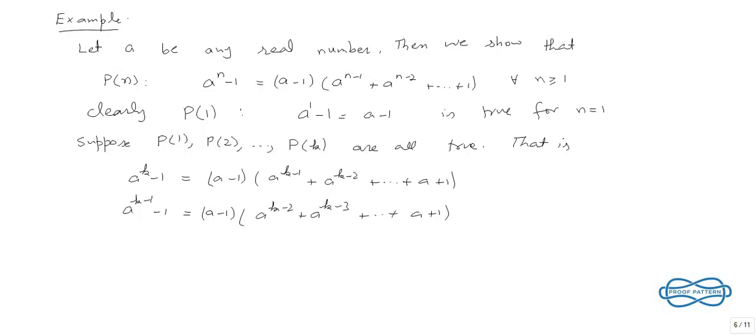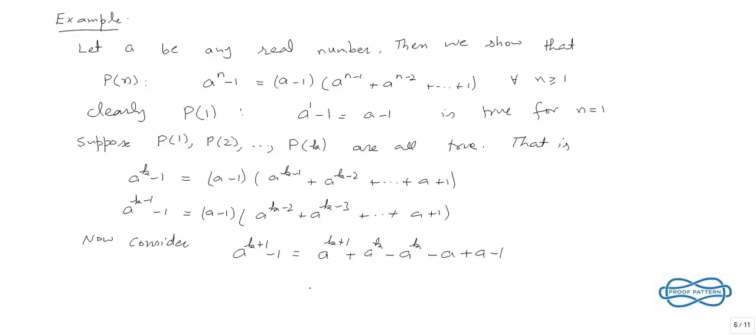Now consider a to the power k plus 1 minus 1, and that will be, if we add and subtract some terms, means we add a^k and also subtract a^k, and then we subtract a and add a for the balance, minus 1.